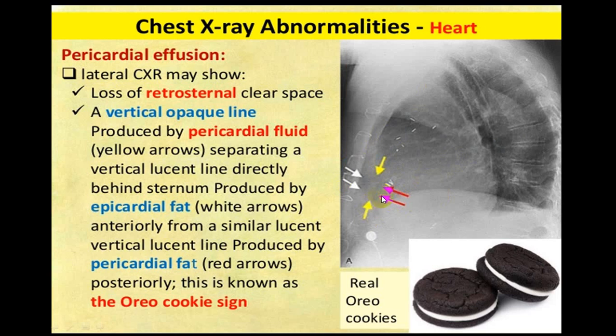And this is in a case of pericardial effusion. So you have three shadows: one because of epicardial fat, one because of pericardial fat, and between those two, you see a radiolucency, a radio-opacity. That is because of pericardial effusion. So do try to identify these two.